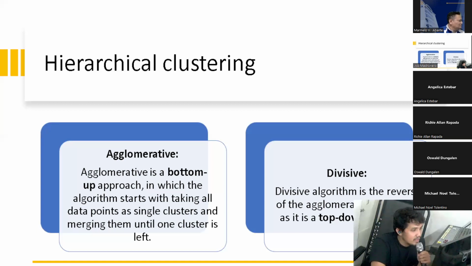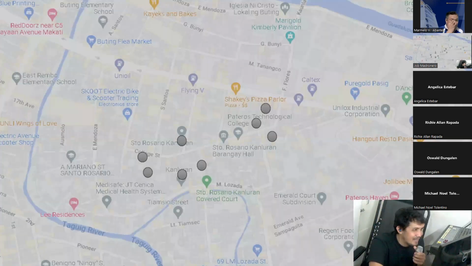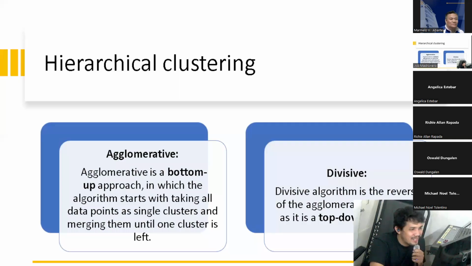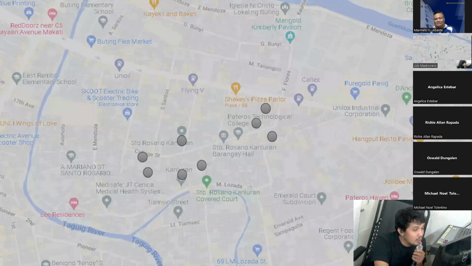And the second one is the divisive algorithm, which is the reverse of agglomerative, as it is a top-down approach. So to explain it well, in this topic, we will discuss the agglomerative hierarchical clustering algorithm.